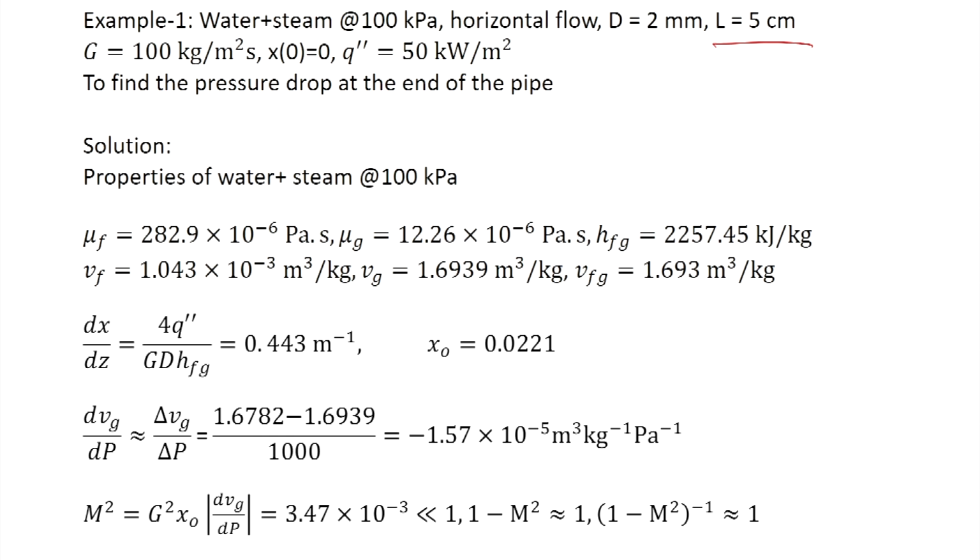dx by dz is equal to 0.443 per meter, x_o is equal to 0.0221, and dv_g by dp is of the order of 10 raised to minus 5 SI units, and m square is of the order of 10 raised to minus 3. So, we can neglect it.